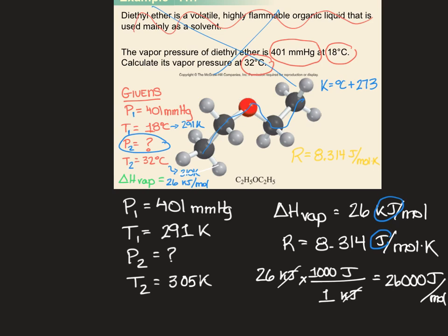T1 was 291. We should work it out. T2 was the corrected 305. 291 Kelvin times 305 Kelvin. I'm just putting the numbers in for the variables. Over here I have natural log of 401 mmHg and my one unknown P2.